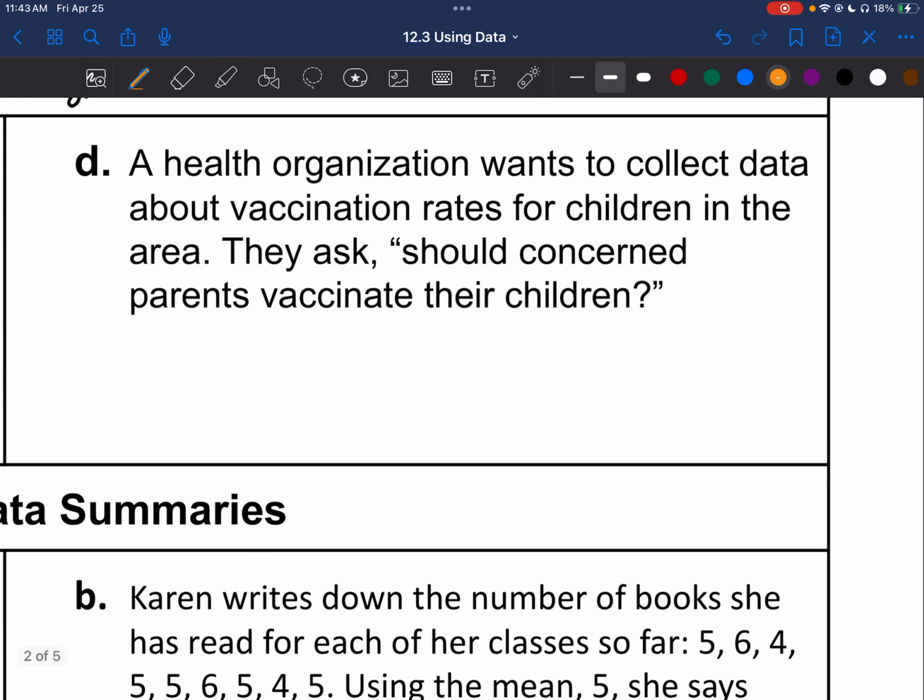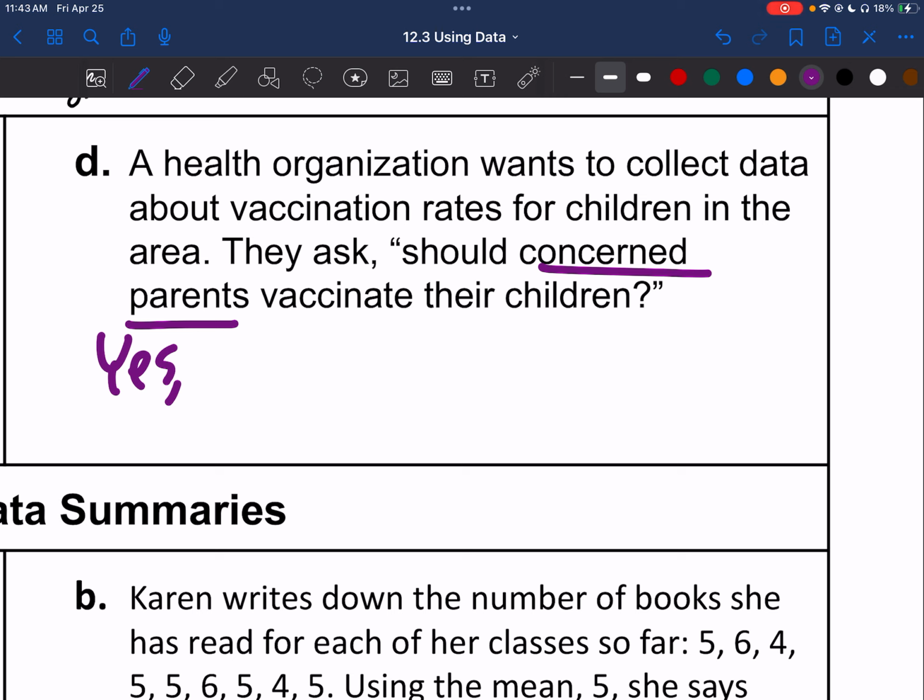All right. We have letter D. A health organization wants to collect data about vaccination rates for children in the area. They ask, should concerned parents vaccinate their children? Does this bias our sample? Yes. Because it's going to be concerned parents. If you say no to vaccinating, well, then are you a concerned parent?